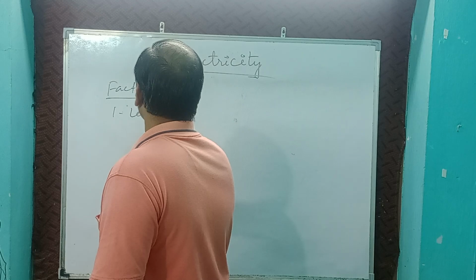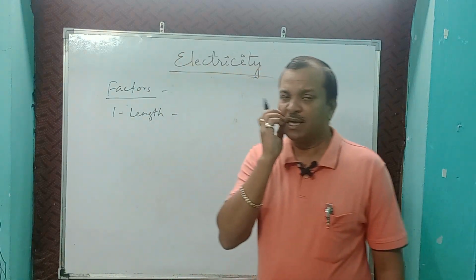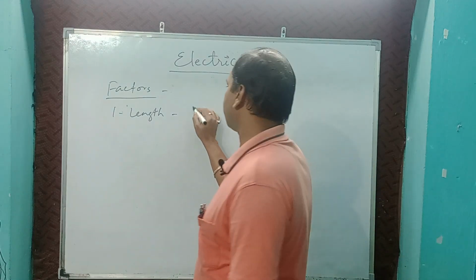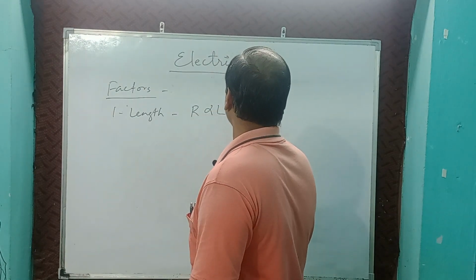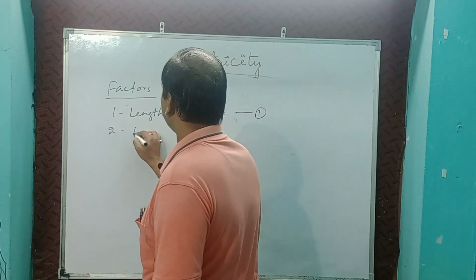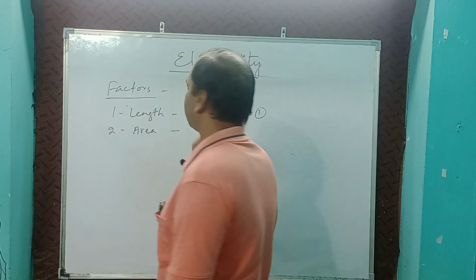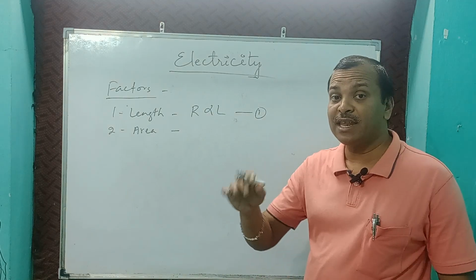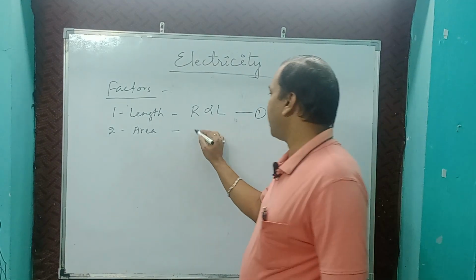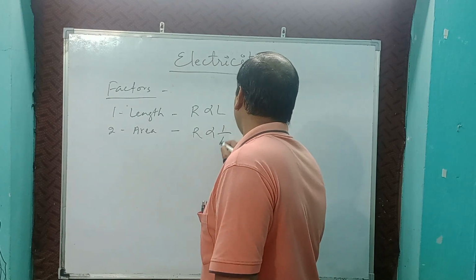If length increases, resistance increases. So R is directly proportional to L. Second one is area. If the area of the cross section increases, then resistance decreases. So R is inversely proportional to A.